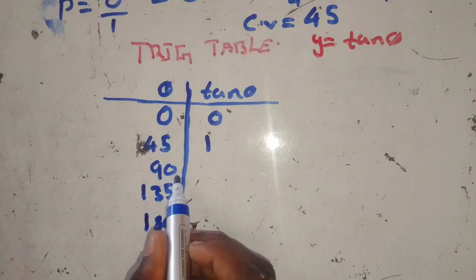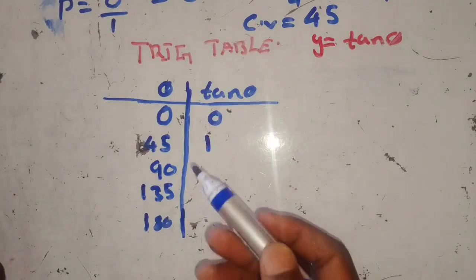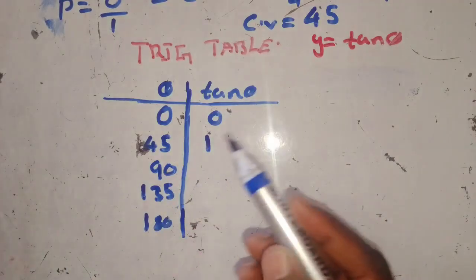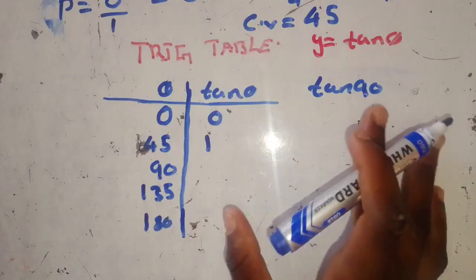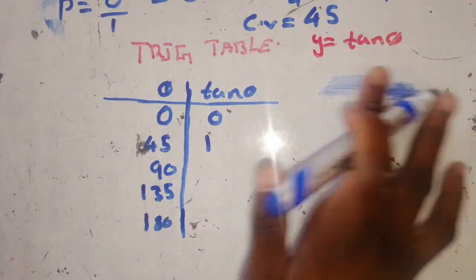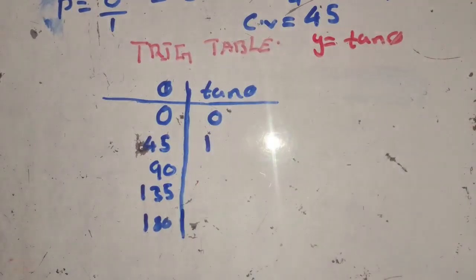We proceed to another point. Where there's theta, we're going to put 90. So we're going to have tan 90. Tan 90 will give you undefined. Okay, so we have reached where we talked of the asymptote. If you remember where I've come from, we talked of the asymptote line.